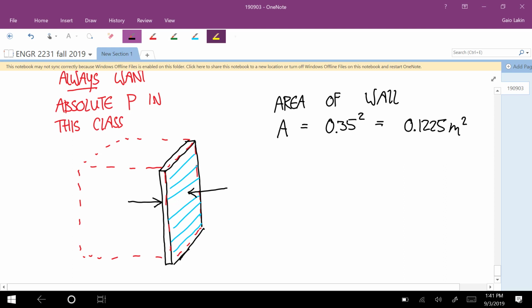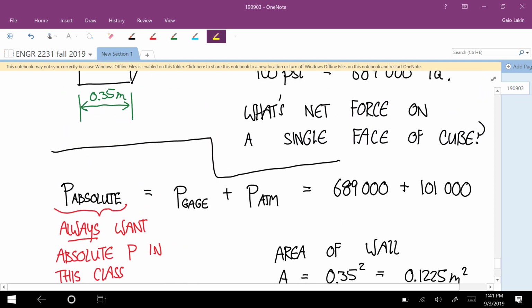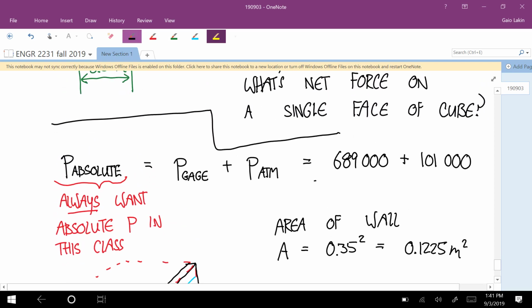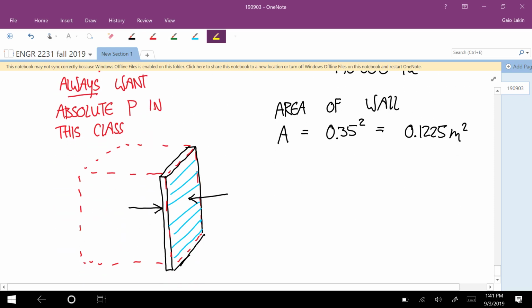And so the force acting on the left side from the inside of the box uses the absolute pressure. Oh, I should calculate this. What's that, 790? So this force here is 790 times 0.1225.